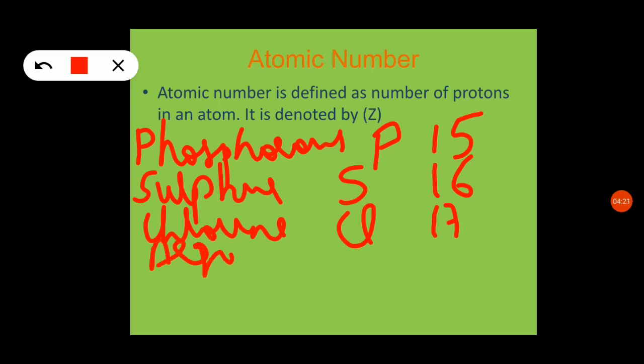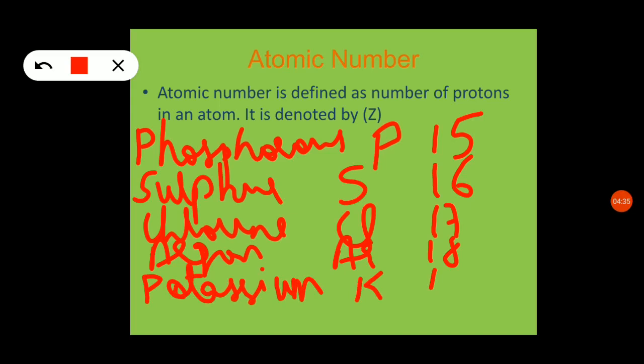Next we have argon. Symbol is Ar and the atomic number is 18. Next we have potassium. Potassium symbol is K and the atomic number is 19. And the last one is calcium, that is Ca. The atomic number is 20.